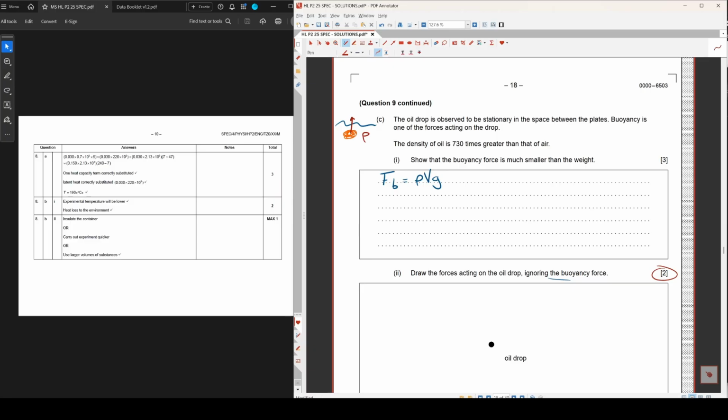Well, it's submerged in air. The oil is kind of floating in the air, and it's so small that the buoyancy force from the air might be worth talking about. We're going to see here it's really small. I'm going to put a little A here to remind myself that that's the density of the air. The density of the oil is 730 times the density of the air.